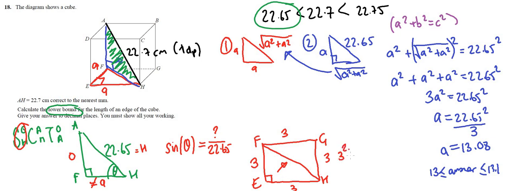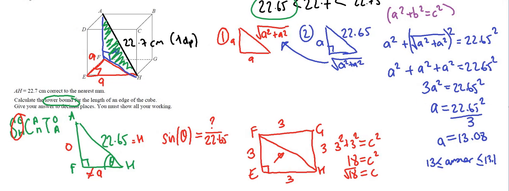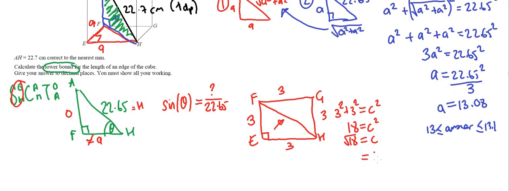So 3 squared plus 3 squared is equal to c squared. That's 9 plus 9, so 18 is equal to c squared, so c is equal to the square root of 18. If you remember simplifying your surds, that's the square root of 9 times the square root of 2, which is 3 square root 2.